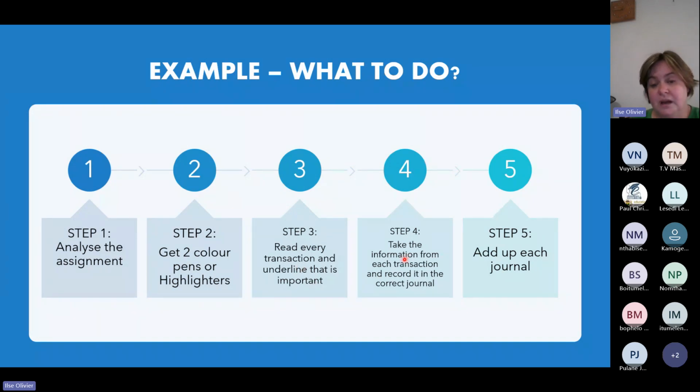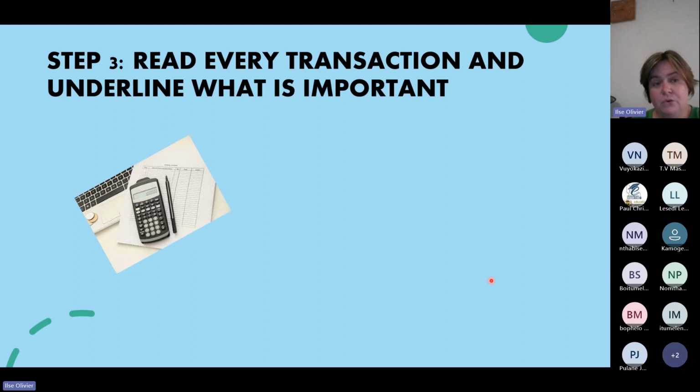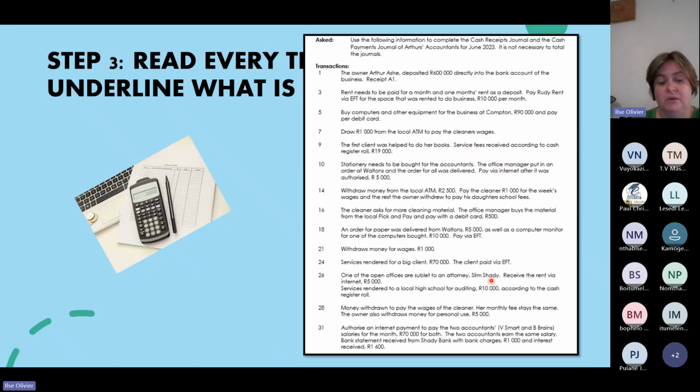Then you take that information. So for instance, you decide a CRJ is yellow, then you take the yellow transactions to your CRJ and the green transactions to your CPJ. And if the assignment requires it, you add up your journal. So let's look at an example. Read every transaction and be very careful of what you're reading. Let's look at the first thing that we're going to do.